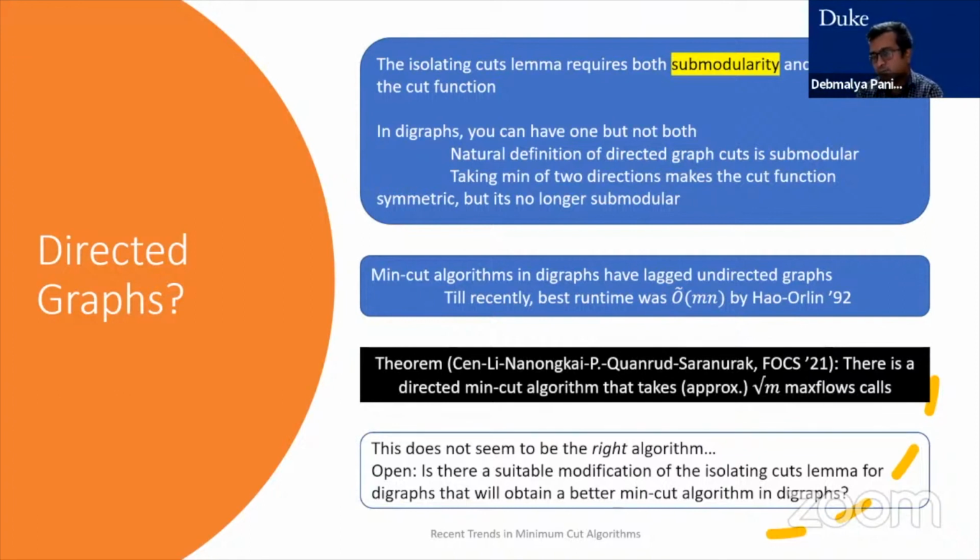Now, the question is what other situations admit symmetry and submodularity. Some of the classic examples are things like hypergraphs and so on. But it's possible that there are other situations where you also have symmetry and submodularity, in which case the isolating cuts lemma, or an appropriate form of it, would still be correct.